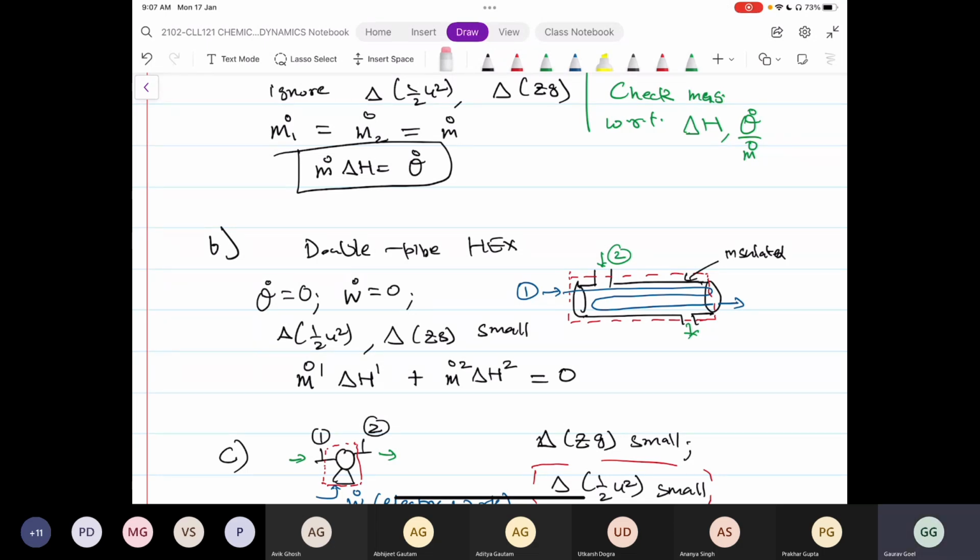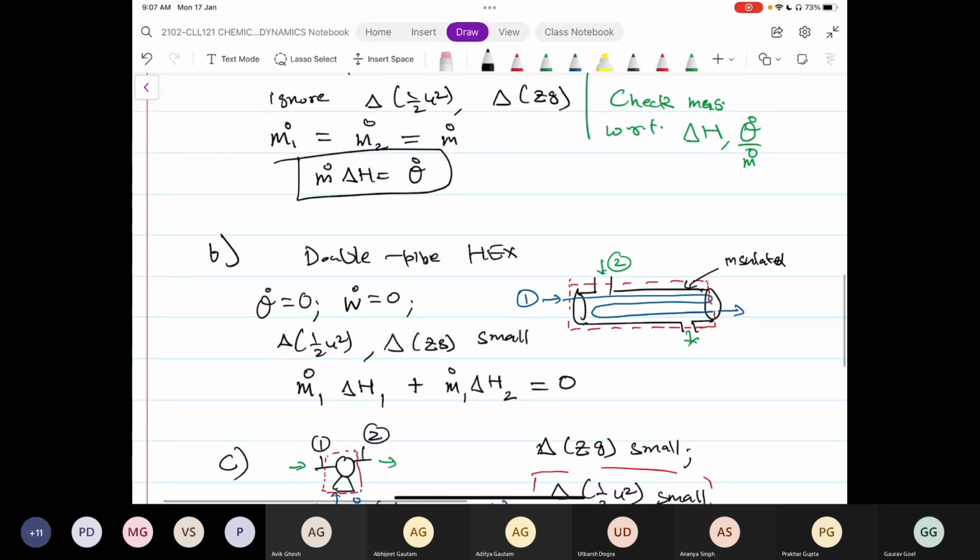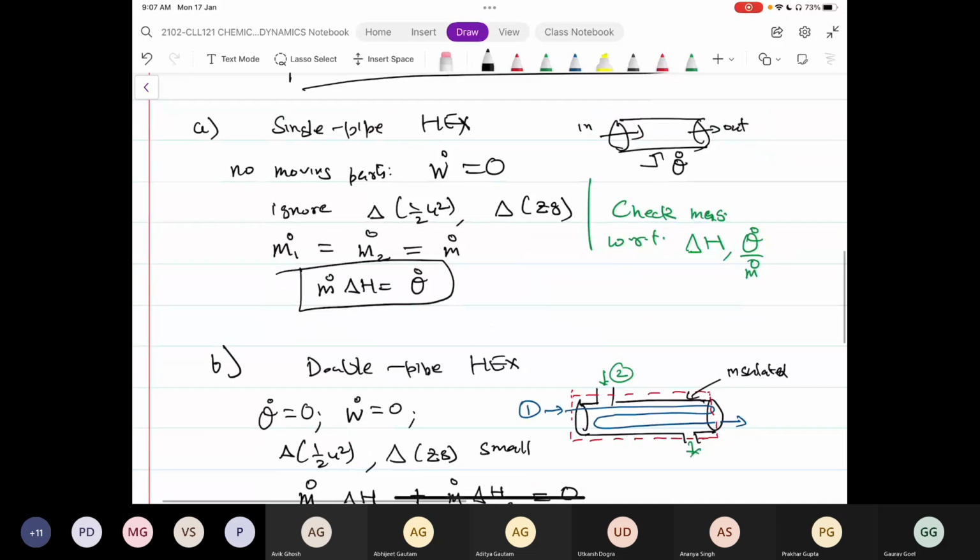Or okay, let's not do that change here. So this I keep as it is. And when you're talking about the same flow stream, inlet and outlet, either put I or F, or put the index in the bracket.